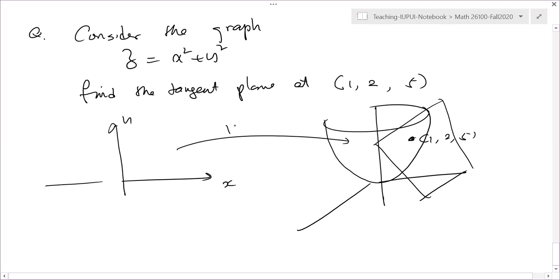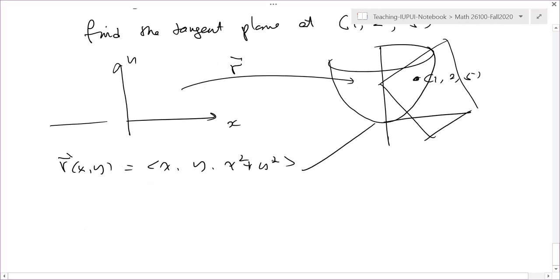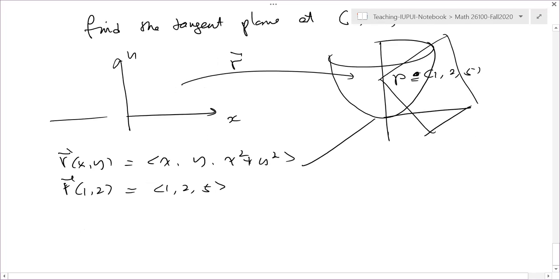I have a map, the standard parameterization: (x, y) goes to (x, y, x squared plus y squared). And that point is P, so the point P is r when x equals 1, y equals 2. That's (1, 2, 5).